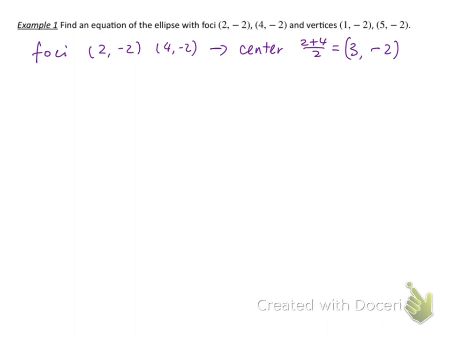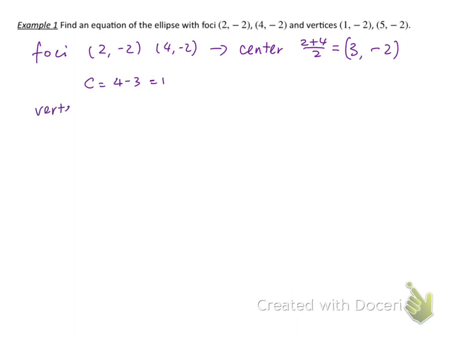Then, comparing foci and center, you know that c is the distance from any of the two foci to the center. So let's do 4, compared to 3. So c equals 4 minus 3, which is 1.